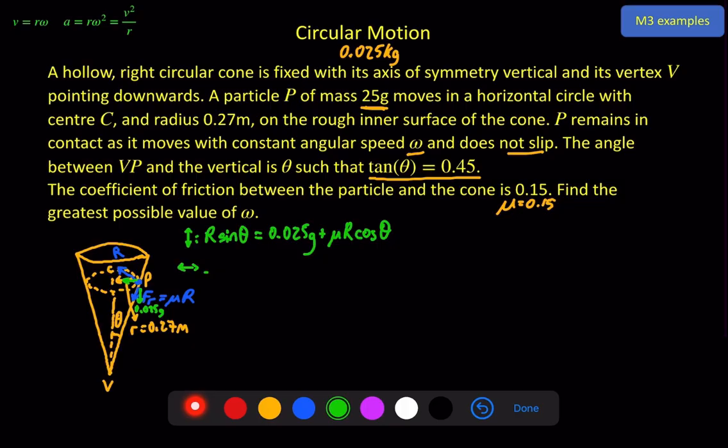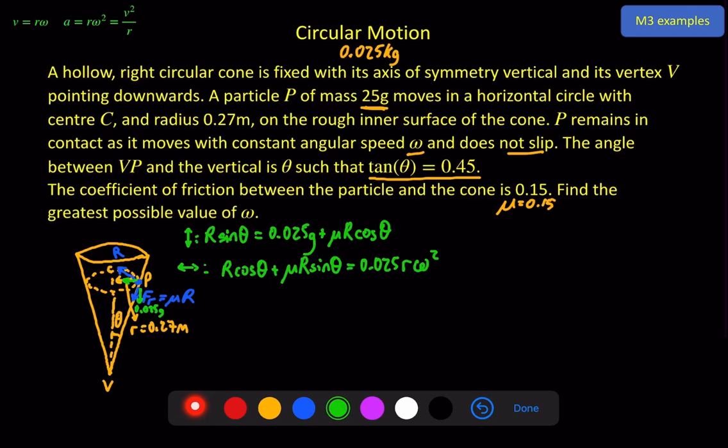Horizontal, we've got the unbalanced force producing our acceleration, which is R cosine theta, plus the horizontal component of the friction, mu R sine theta, and that has to equal our mass times our acceleration. And seeing as we want to find omega, that of course will be r omega squared.